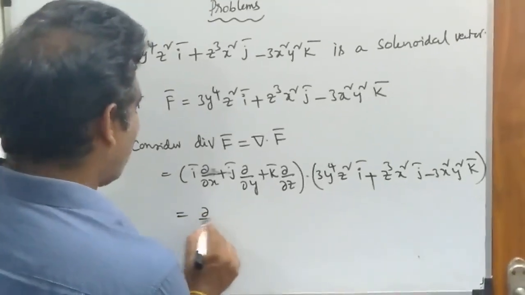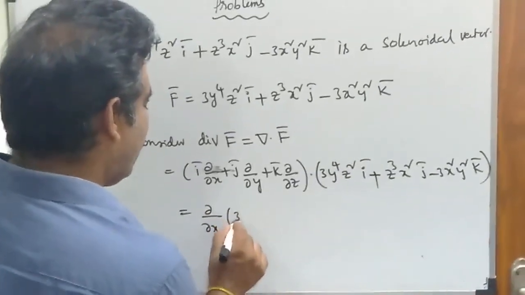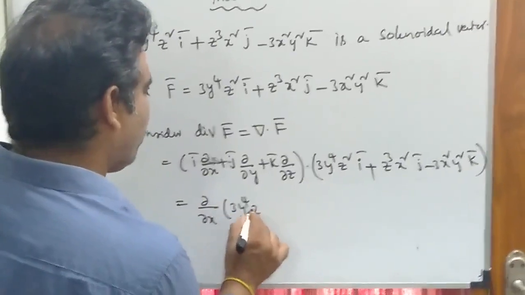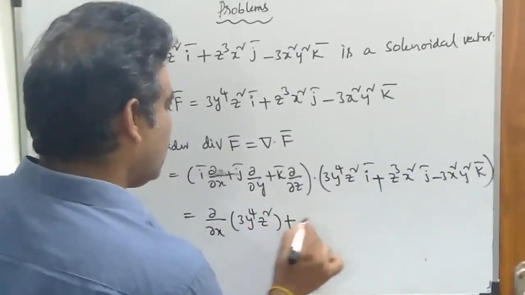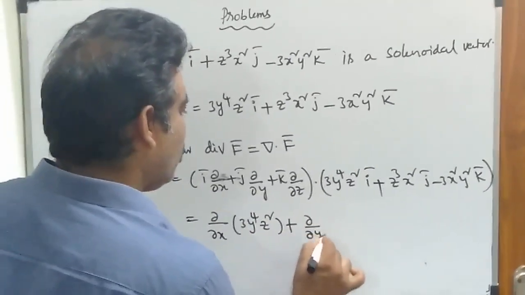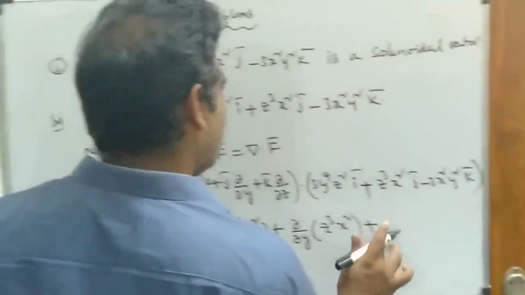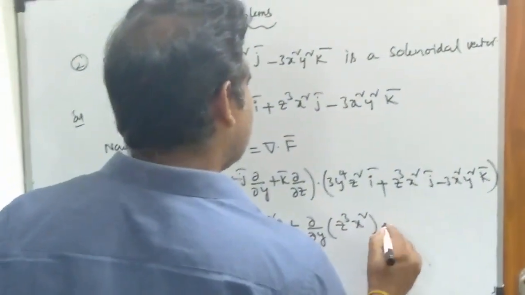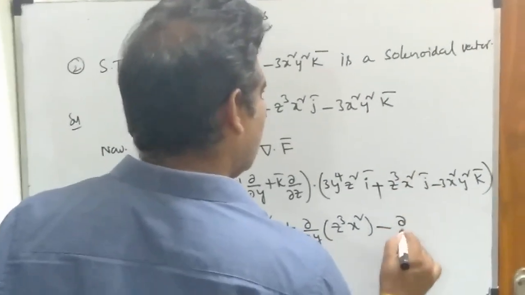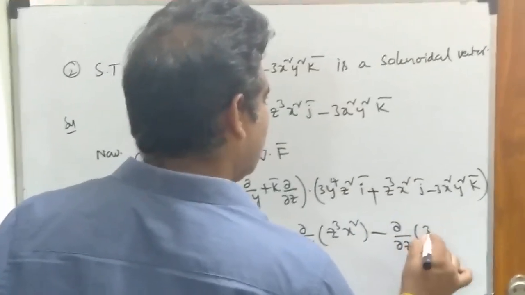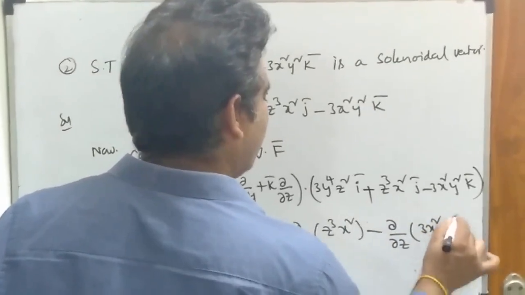So I am making dot product, dou by dou x of 3y power 4 z square plus dou by dou y of z cube x square minus k bar dot k bar 1 dou by dou z of 3x square y square.